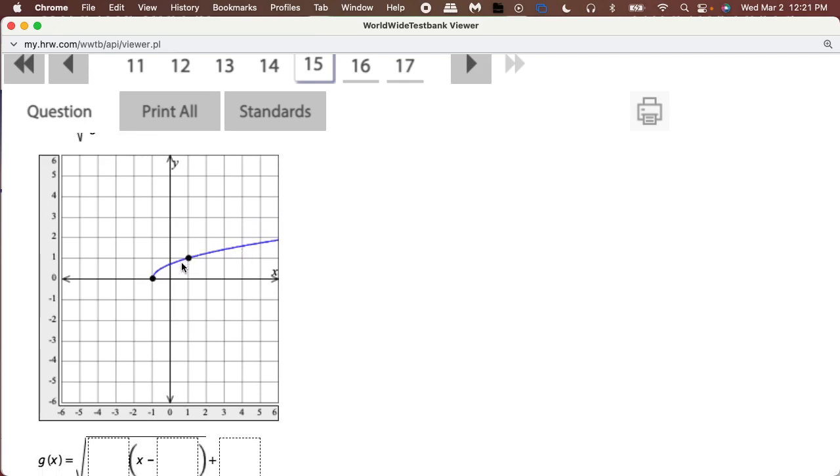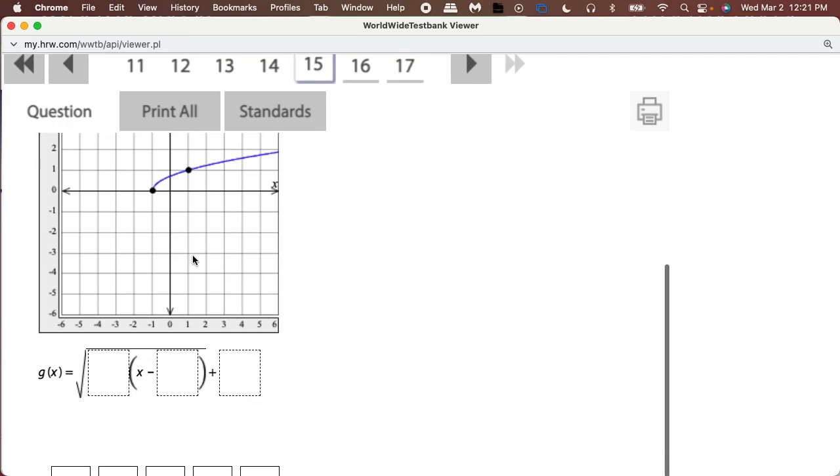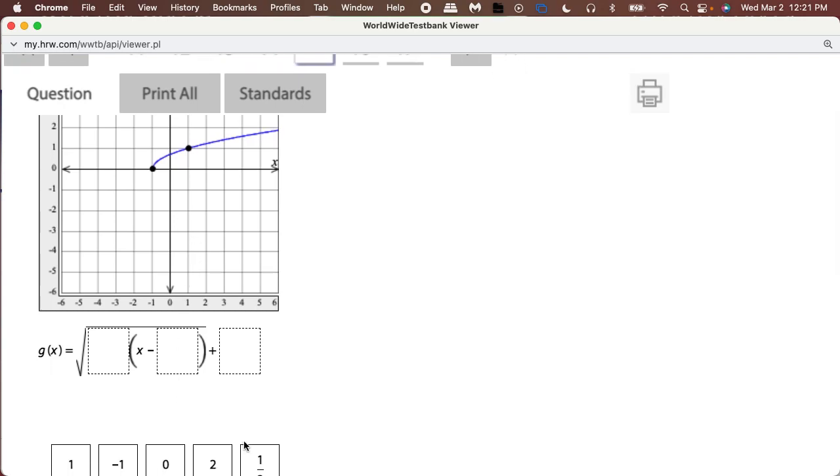Okay, all I have to do is count. These are ones, so that's nice. Up 1 over 2, so that is a half. For my multiplier, I did my rate of change first. How fast is this curve growing? Up 1 over 2. But since it's a square root function, it's not a straight line, so it's not the slope.